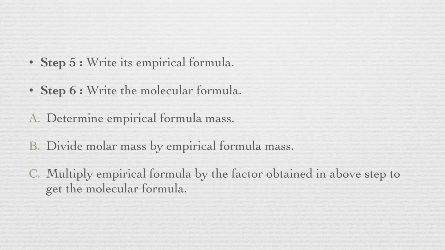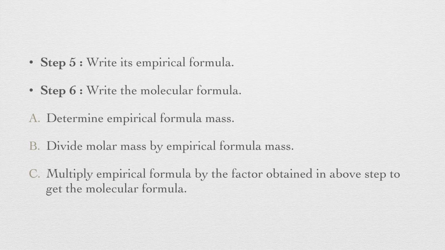So hopefully we'll just revise all the steps. First step is to find out the sum of all the percentages. Okay, that means you will be getting the percentage composition of each of the element. First you will check whether the percentage composition is coming to be 100, or else the difference will be my percentage composition of oxygen.